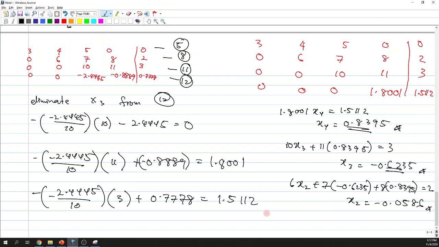Okay, and then x1, 3x1 plus 4 negative 0.06 plus 5x3 is negative 0.6235. X4 is 0 and equal to 0, so x1 is equal to 1.1173. Okay, so you can leave it like this.